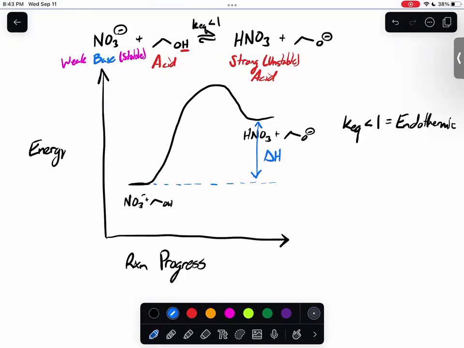Because we're going up that y-axis. We have to add energy to make the product. If we have to add energy into a system, it is endothermic.